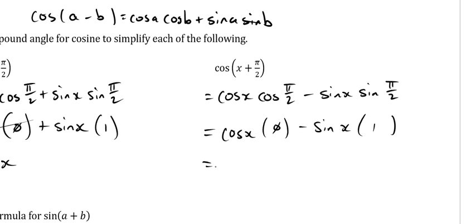Okay, so you write out the formula, take a look at what we got. We don't have to evaluate anymore. It's the same one. Sine of pi by 2 is still 1, but the difference is it's minus. So this works out to negative sine of x. Wow, it still worked out the same, right?